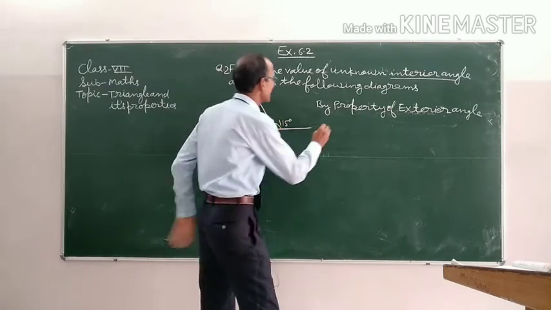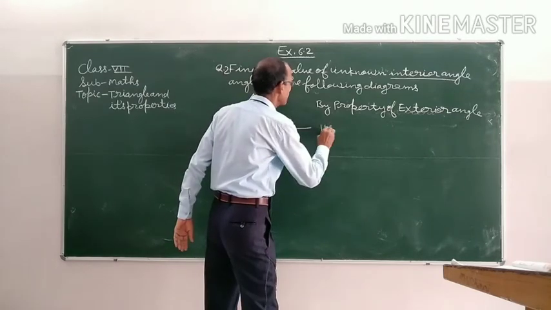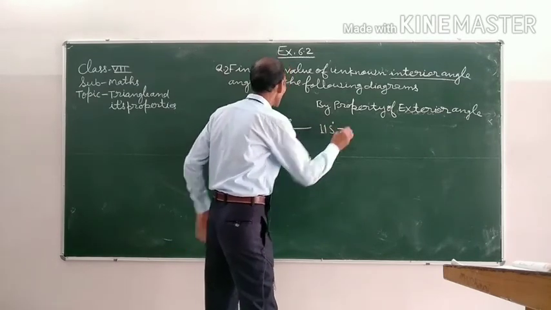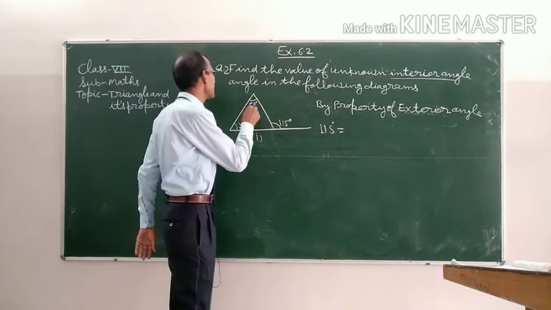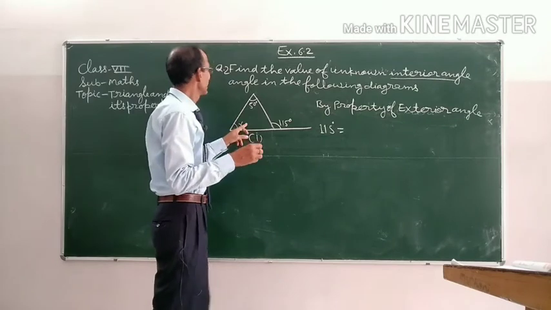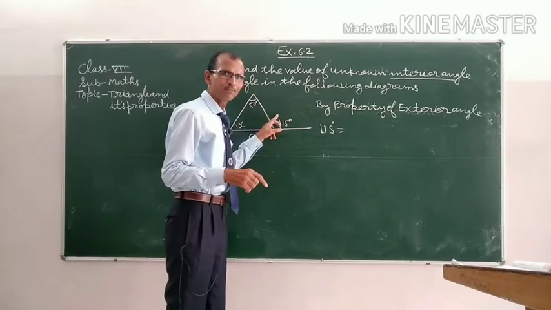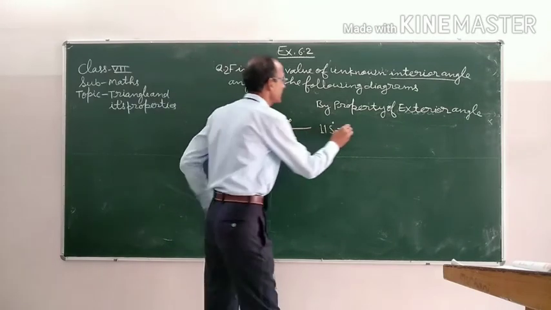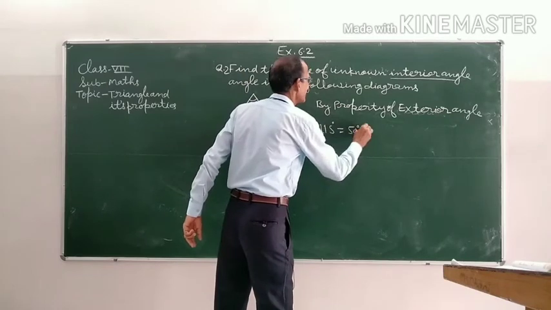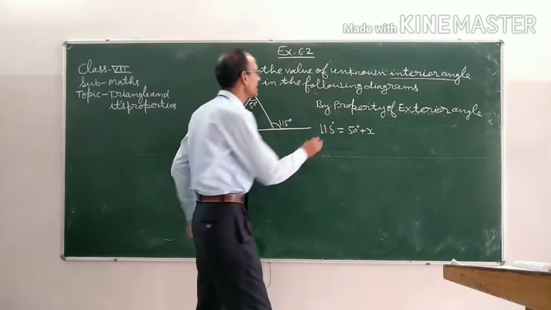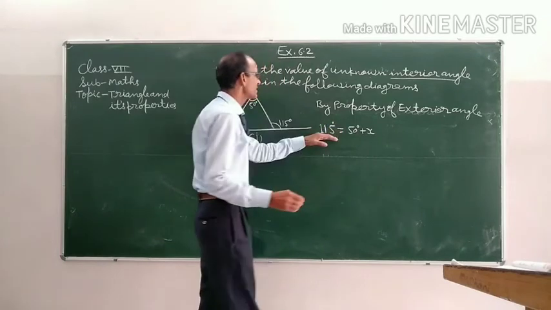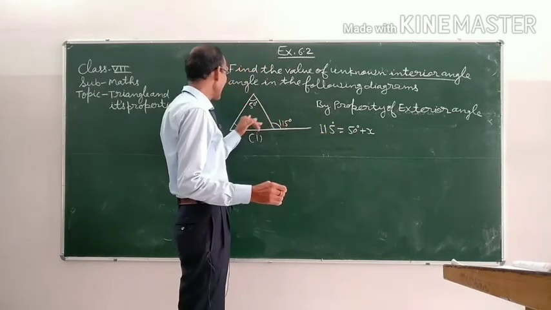So this exterior angle 115 degree is equal to the sum of interior opposite angles. Here interior opposite angles are 50 degree and x. So we can write 115 is equal to 50 degree plus x. Okay? Because we know that exterior angle equals the sum of interior opposite angles.